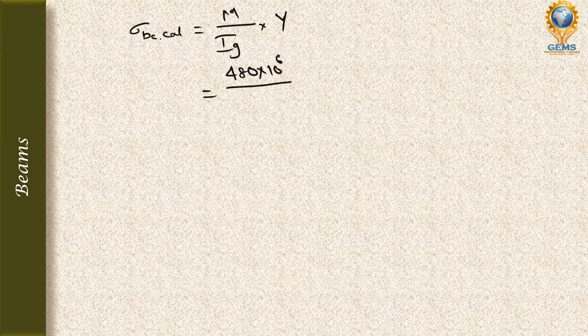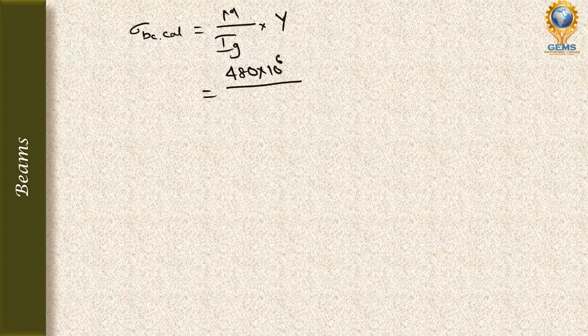So how can we find the sigma BC calculated? The formula is M by Ig into y. The M value is 480 into 10 to the power 6. Why are we using the gross moment of inertia? Because we have one I section and two cover plates, so we have to consider the gross moment of inertia.